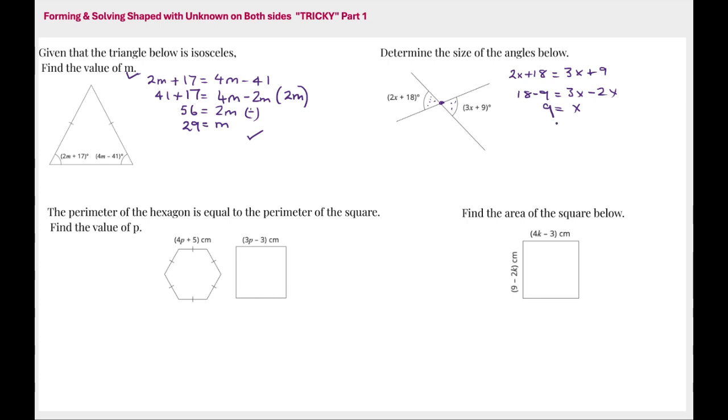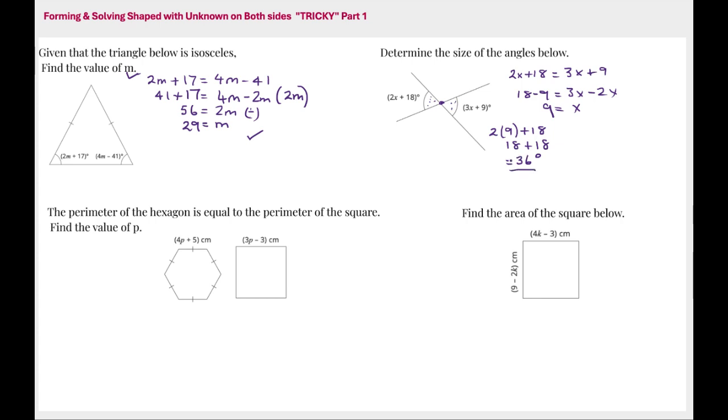So now we've got to work out the size of the angles. Now we've got the x, we can substitute it in, plug 9 in wherever there's an x. So we've got 2 times 9 plus 18. 2 times 9 is 18, plus 18 equals 36 degrees.